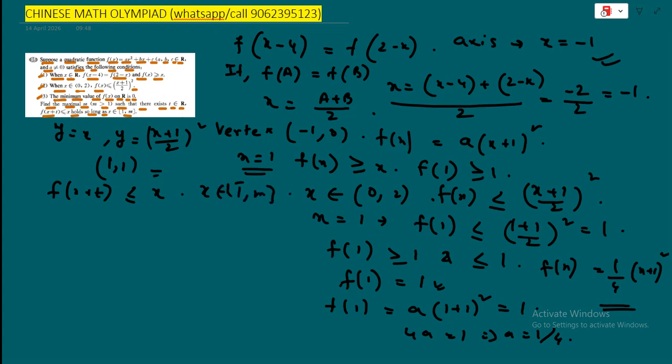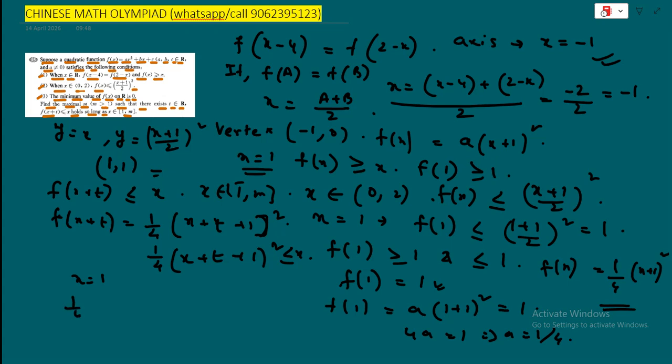Okay, so f of (x plus t) is what? 1 by 4 into (x plus t plus 1) whole square, right? And we want 1 by 4 into (x plus t plus 1) whole square less than or equal to x, right? So if we want the range to start at x equal to 1, let's set x equal to 1 and see what t tends to be.